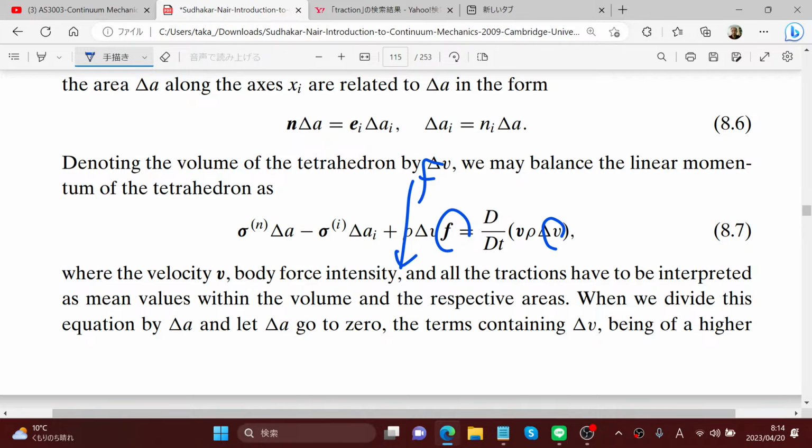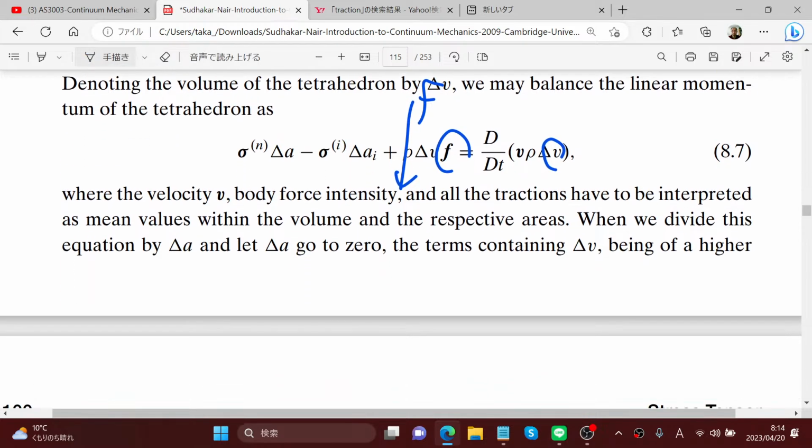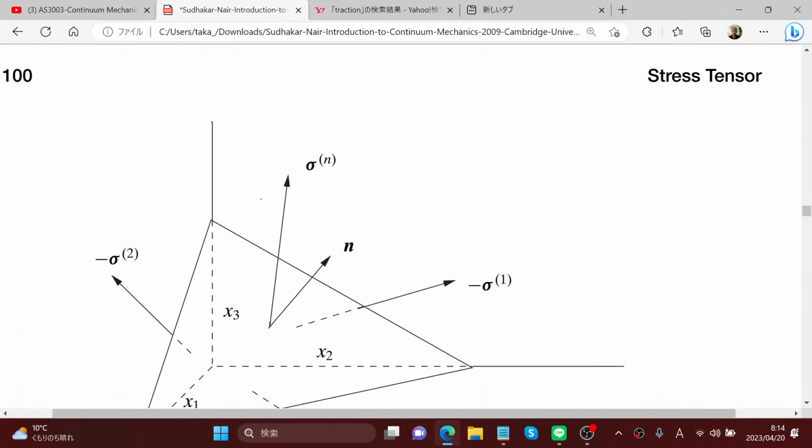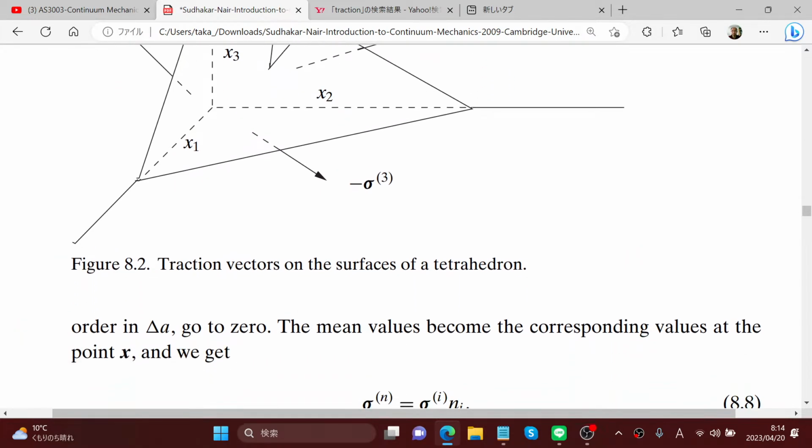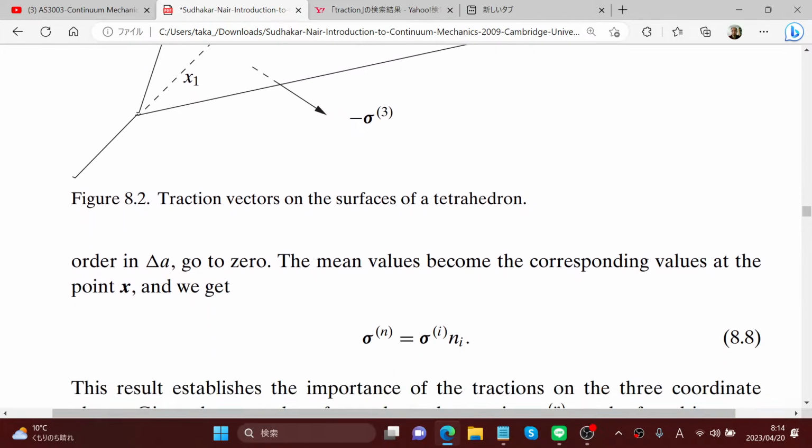When we divide this equation by delta A and let delta A go to 0, the term containing delta V, being a higher order in delta A, goes to 0. The mean values become corresponding values at the point x, and we get this.